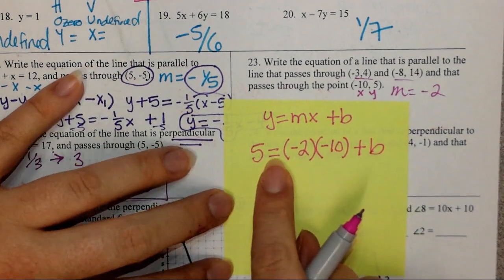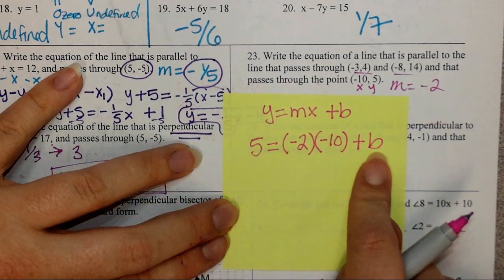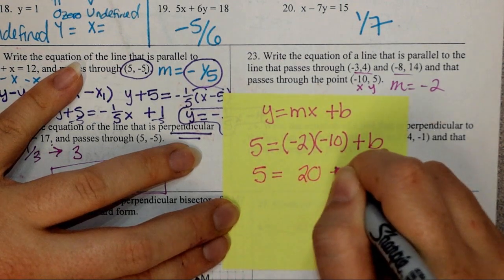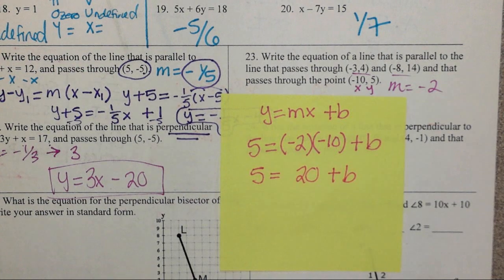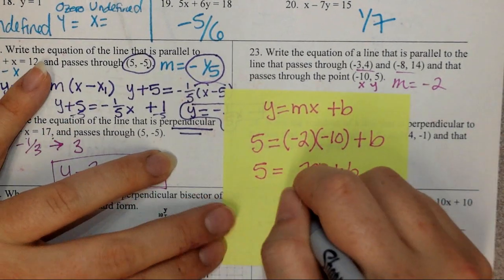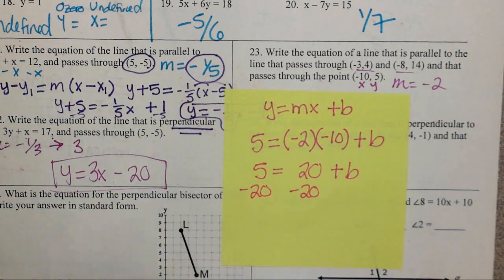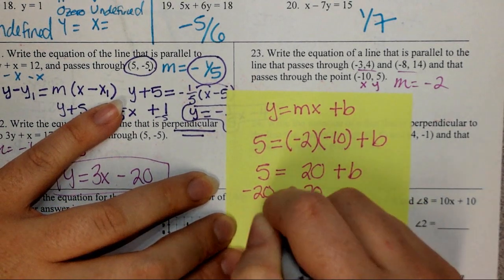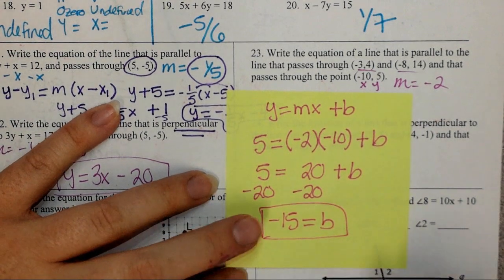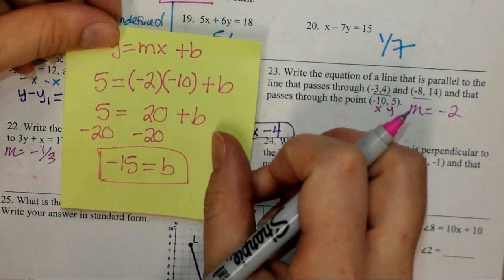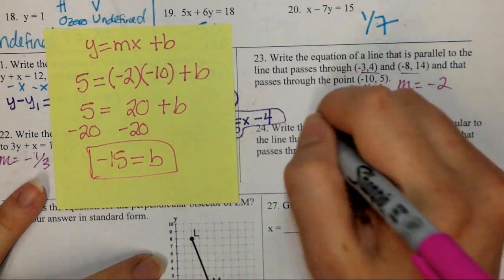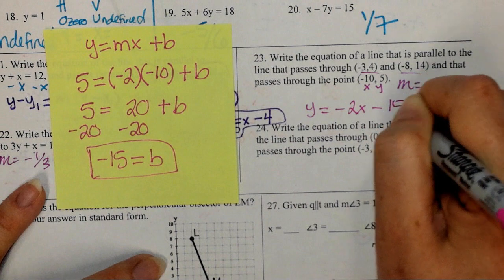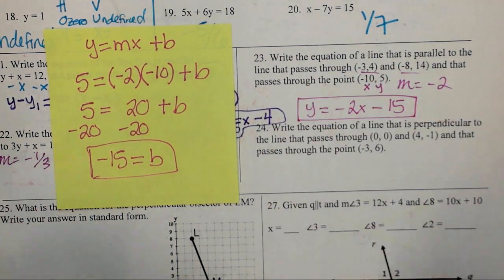Now all I have to do is solve for b. Negative 2 times negative 10 becomes a positive 20. Subtract 20 from both sides. 5 minus 20 gives me that b is equal to negative 15. So my final equation is y equals negative 2x minus 15.